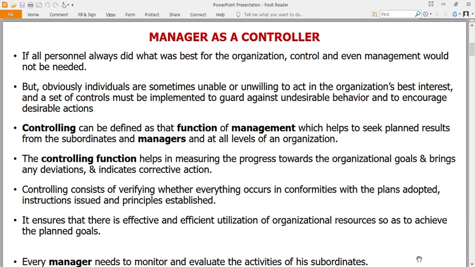So it involves verifying whether everything occurs in conformity with the plans adopted at the planning phase, instructions issued, and principles established.